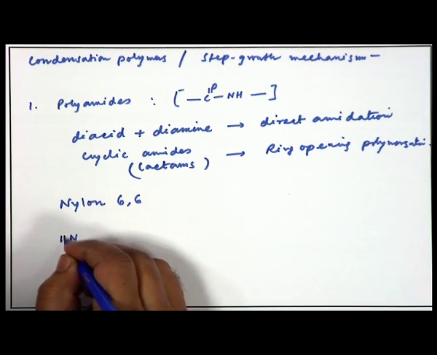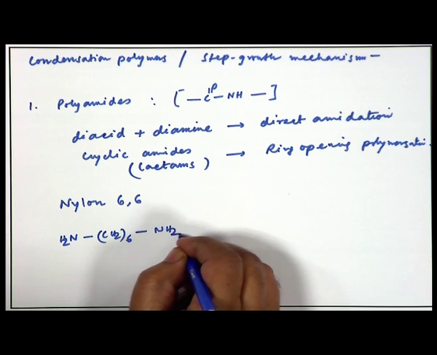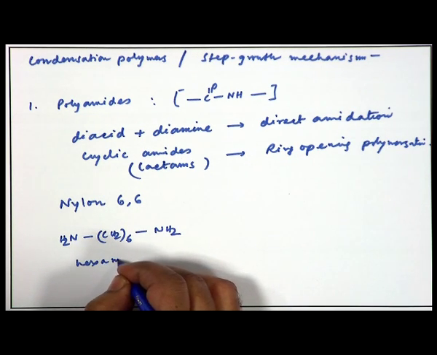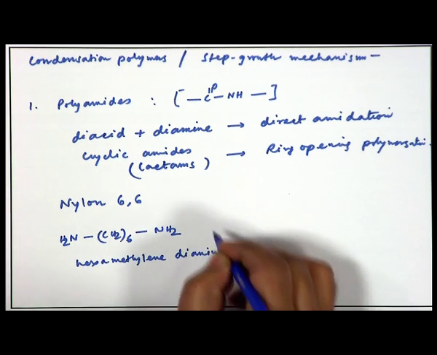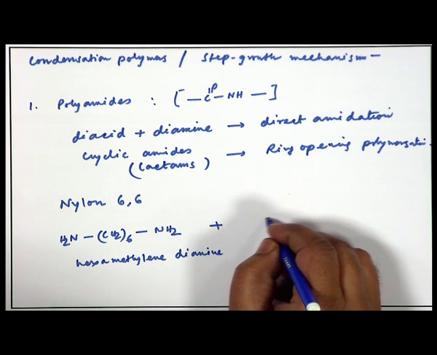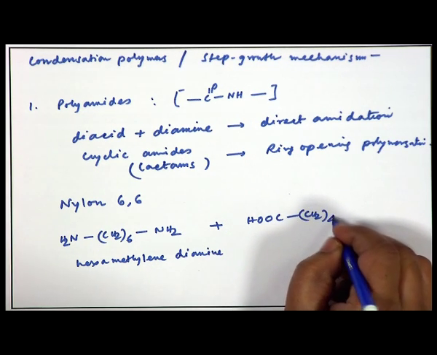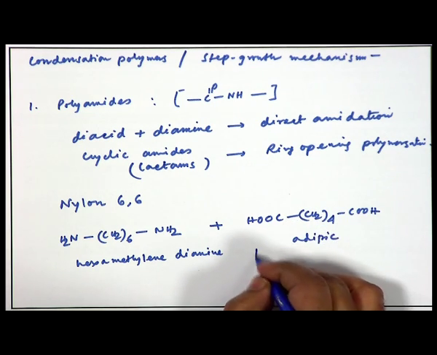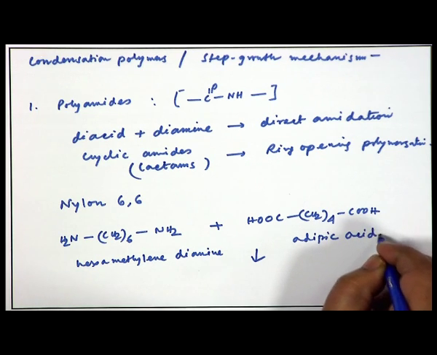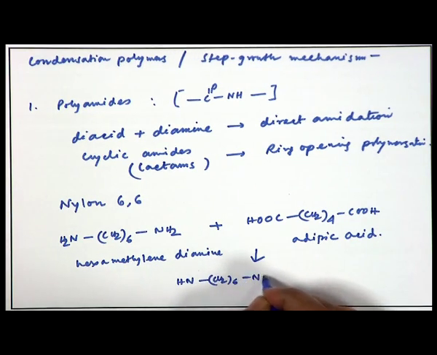So, NH2 with six carbons, this is hexamethylene diamine, plus adipic acid. You can make direct amidation and you will get the structure of the polymer we drew yesterday as well, but I will draw it one more time.